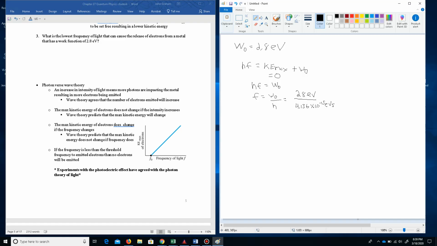And so the eV will cancel and we have hertz, which is what we want, frequency. If we put this in a calculator, we get 6.77 times 10 to the 14 hertz. And this is going to be the lowest frequency to get an electron to be emitted from this metal.